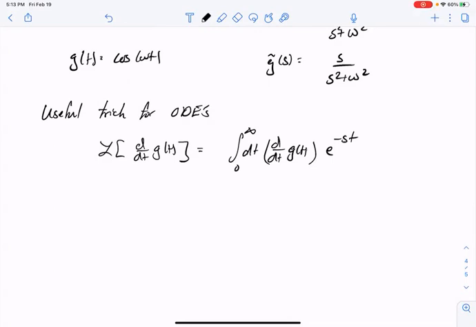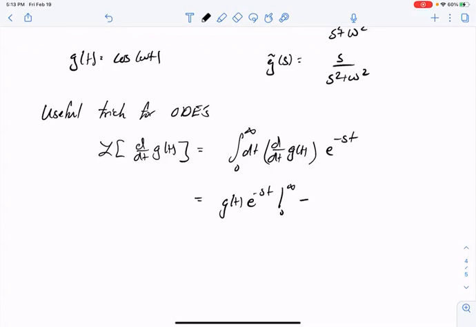Without knowing what that function g of t is, I could still rewrite this using an integration by parts. I would get g of t e to the minus s t evaluated at 0 and infinity. That's a boundary term that need not be 0.